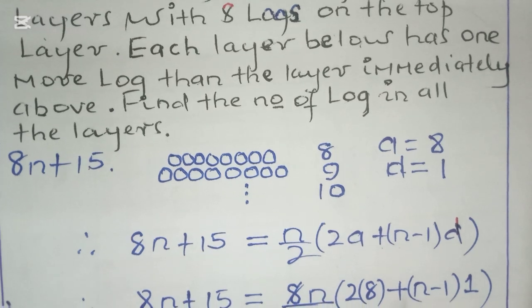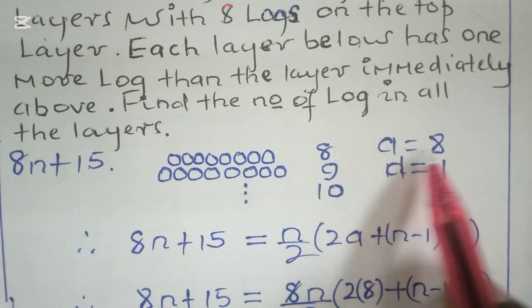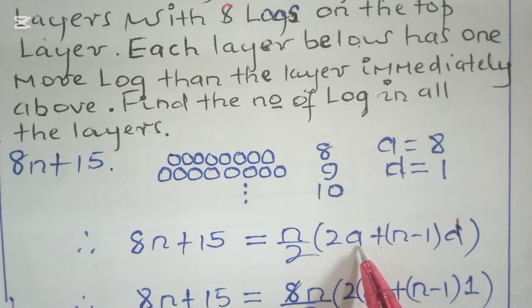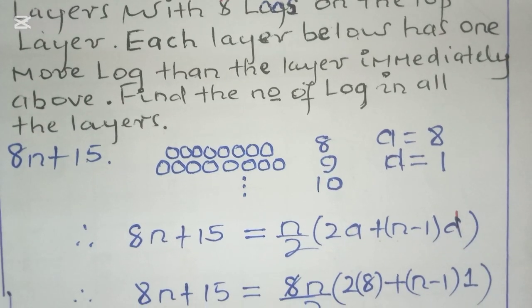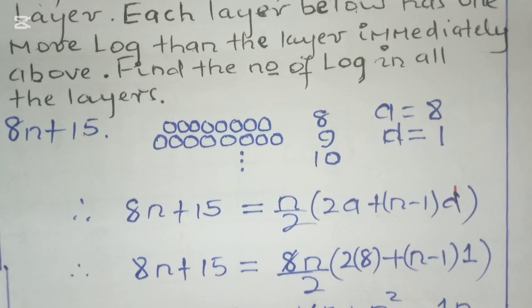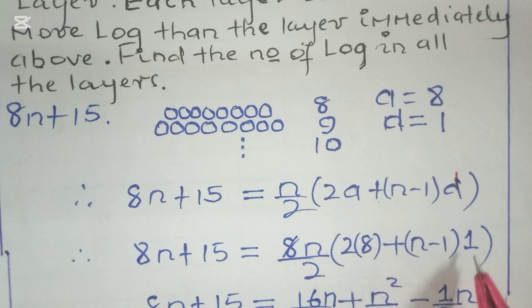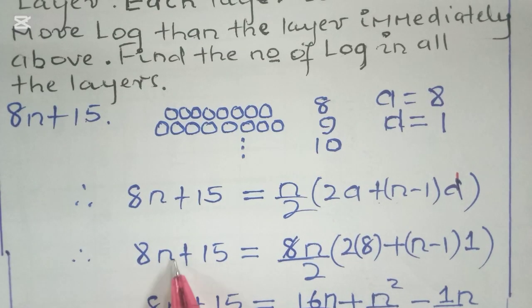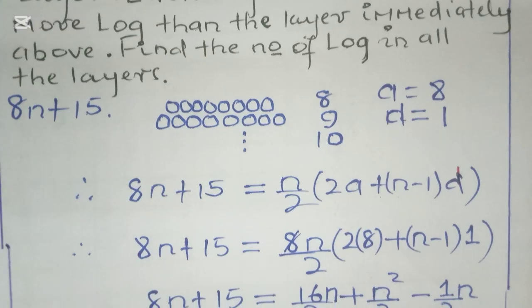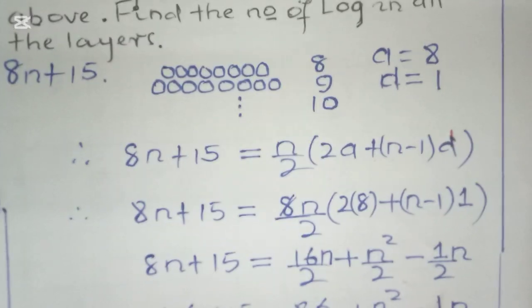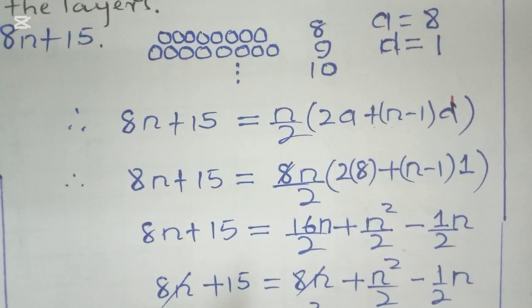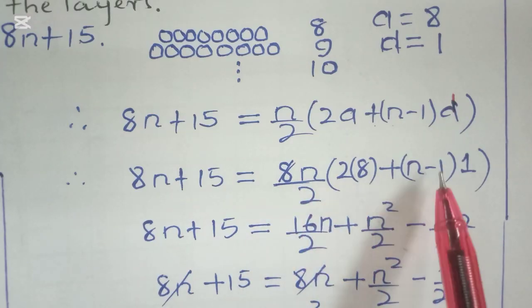We have a, which is supposed to be here. We also have the d. So we are looking for n. And this is how we have replaced a and d. We equate those two equations. After equating those two equations, guys, we go ahead and evaluate.